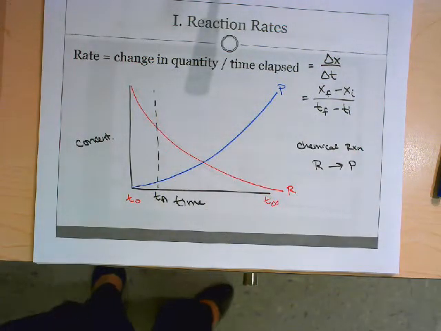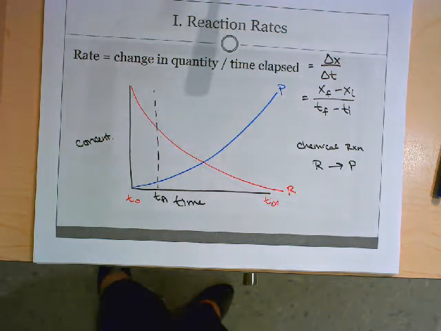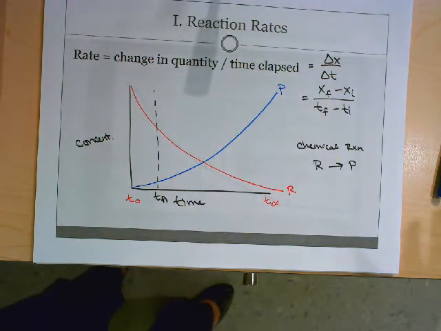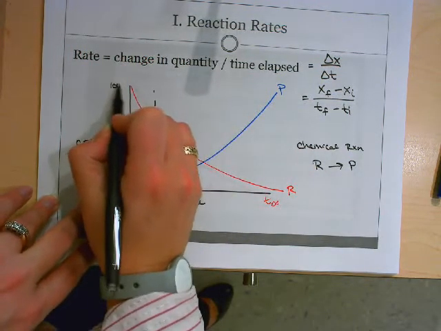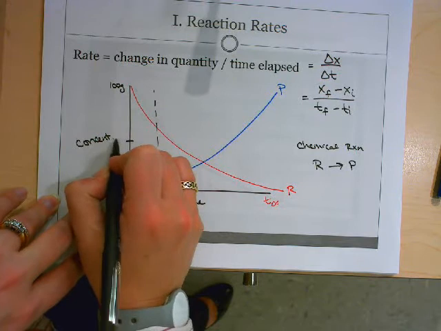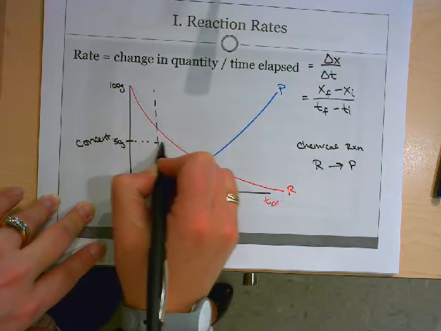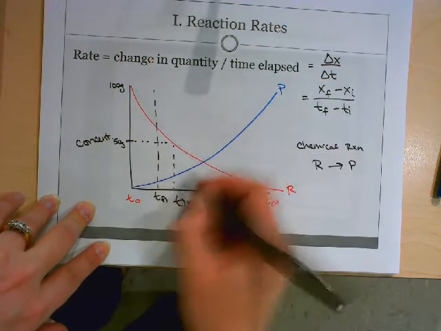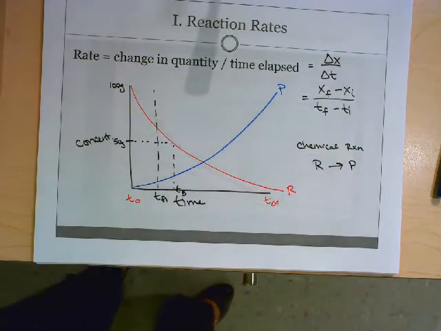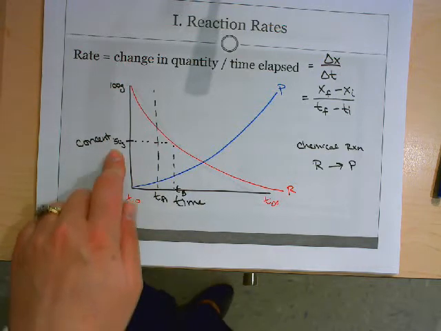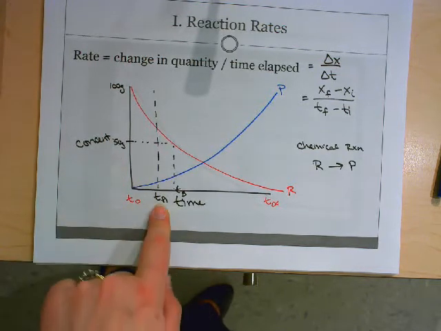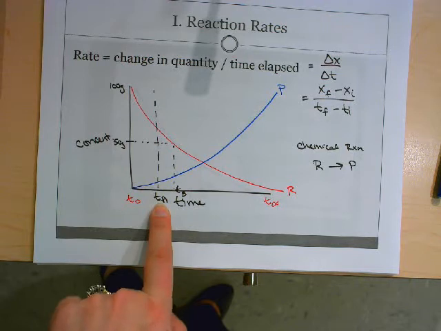Or we could ask the opposite question. How long did it take to get to the point where I've used up half of my reactant? If I know up here I had 100 grams, how long did it take me to get to 50? Those are two separate questions, but very related. Either you want to know how much concentration is left, or you want to know something about the time elapsed.